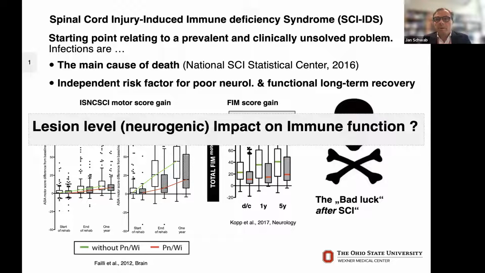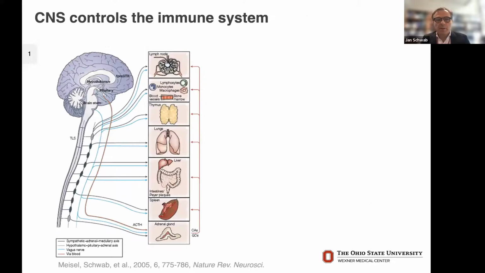Because the central nervous system controls the immune system by at least 3 different pathways, as indicated here: the sympathetic nervous system, the stress axis, the hypothalamic pituitary adrenal axis, and also the vagus nerve.